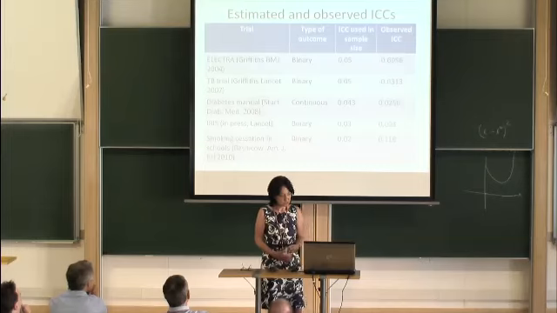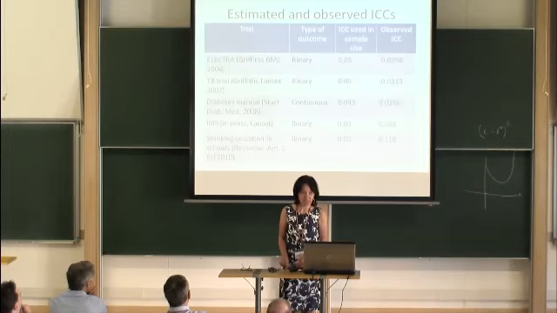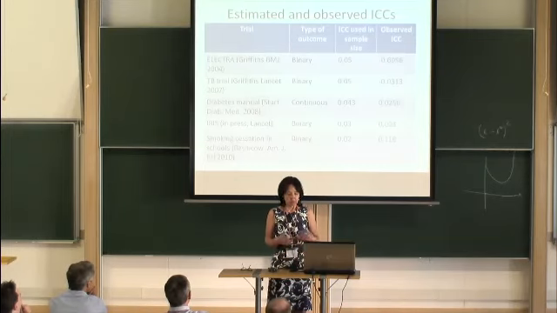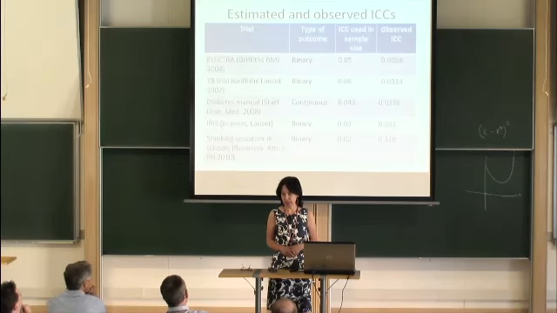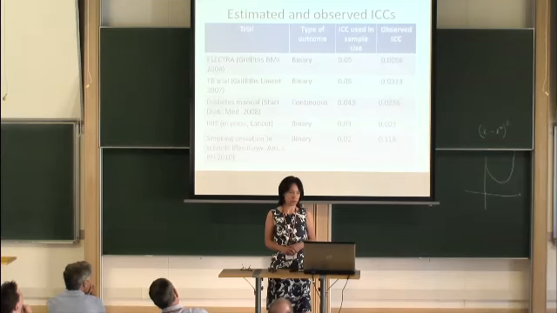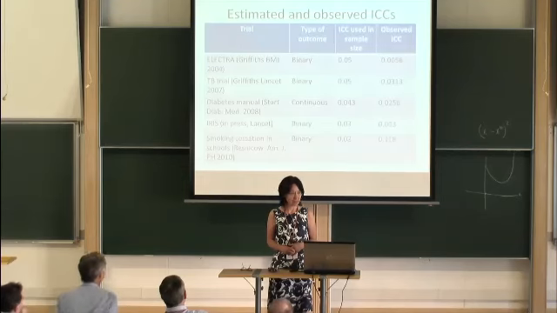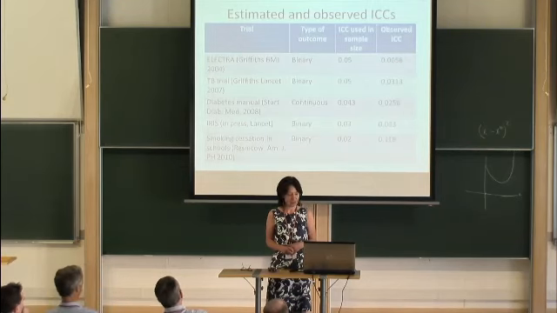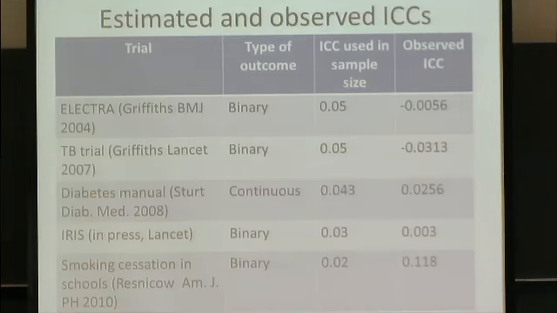So just to give you an idea about the difference between the ICCs that people use in sample size calculations and the observed ICCs, this is quite an interesting exercise for me. These top 4 trials are all trials that I've been involved in, and so I thought, well, I'll go and have a look at what we assumed in the sample size and then what we found in the trial itself.